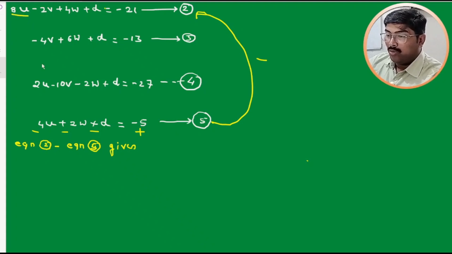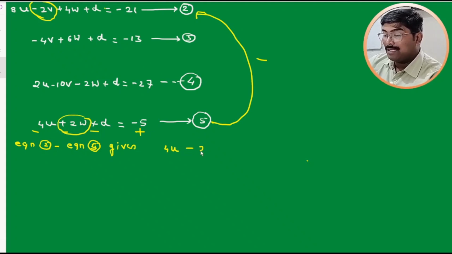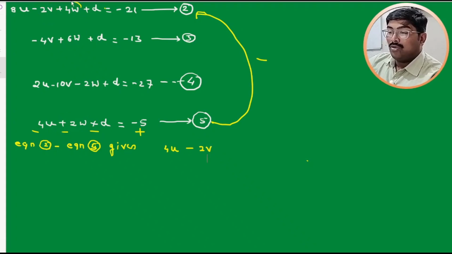So 8u and minus 4u, 8u minus 4u is equal to 4u, minus 2v, and after subtracting we got minus 2w. So here the term containing v is absent, means we can write minus 2v as it is. Now from equation 2 4w, and from equation 5 we have minus 2w.